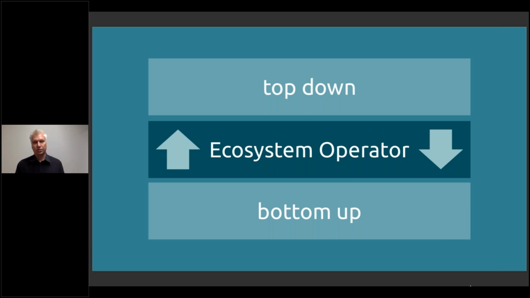And the key factor here is that the ecosystem operator is the most important actor to get into a sustainable, long-term ability to continuously be there for the ecosystem.